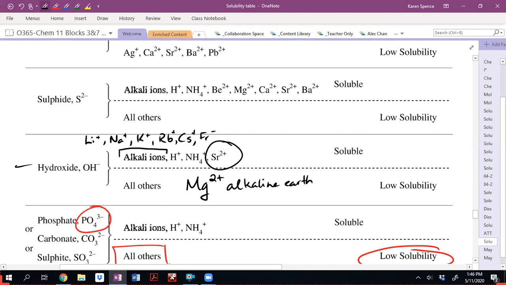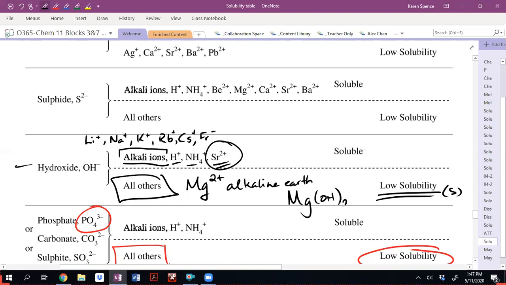Or you can just go lithium, sodium, potassium, rubidium, and leave off the last two because nobody ever uses them. So magnesium is just an alkaline earth metal. Because it is not one of the alkalis, not hydrogen, not ammonium, and not strontium, it falls in the all others category and would be low solubility. So that would be a solid. So Mg(OH)2 would be solid.